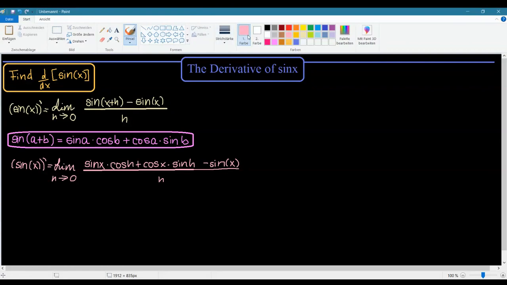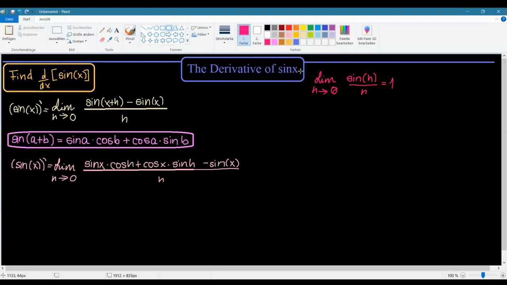Now what? Well, now we're going to do two things. But first I'm going to remind you of some differentiation rules that we probably learned in the very beginning when we were first being introduced to differentiation, because they're very important. I'm going to write them up here. The first one is that the limit as h approaches 0 of sine h over h is 1.